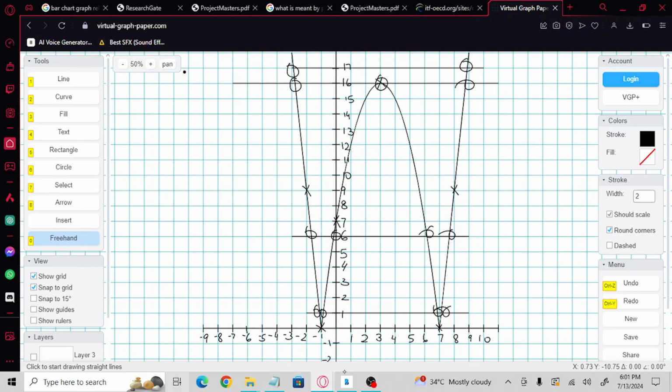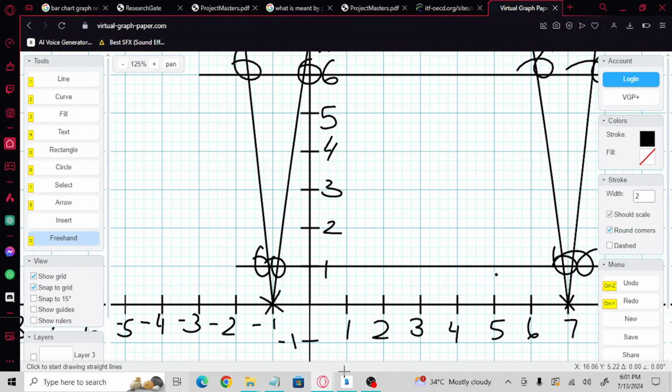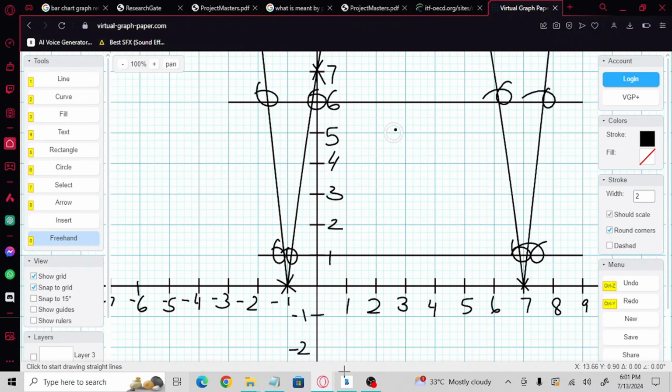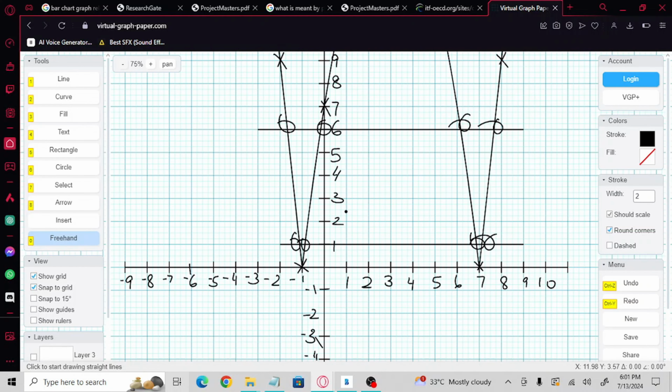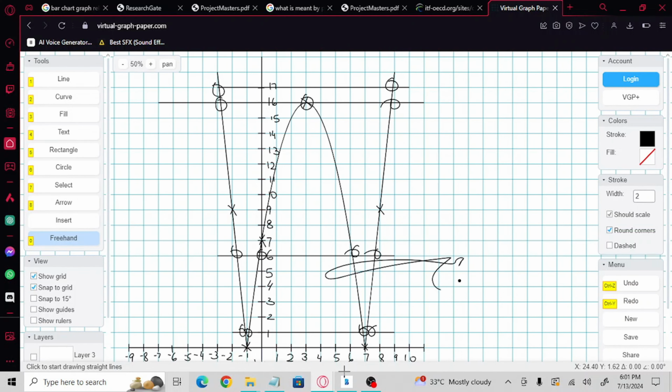Even at 0.5, if we zoom in right here, we get 4 solutions. And when the y value is 0, we are going to get 2 solutions, as you can see here, because they are intersecting at this point. So 1 and 2.